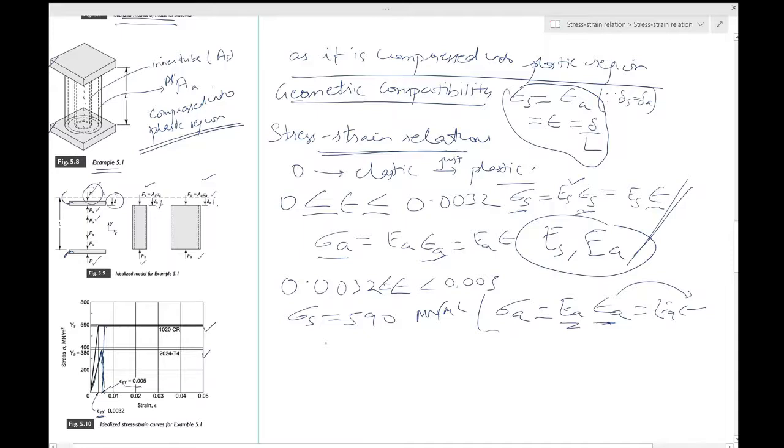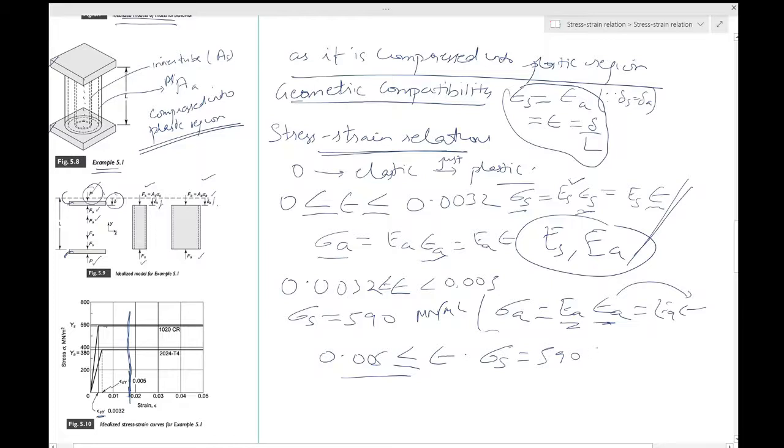Now in the last range, which is in the plastic region, what is that range? Epsilon greater than 0.005. So in this region, the steel will have a stress of again 590 because it's constant. So we are referring to a strain which is greater than 0.005.